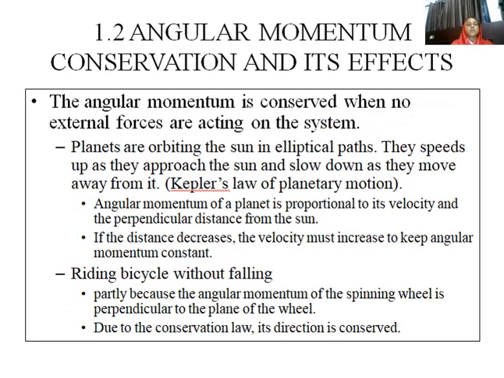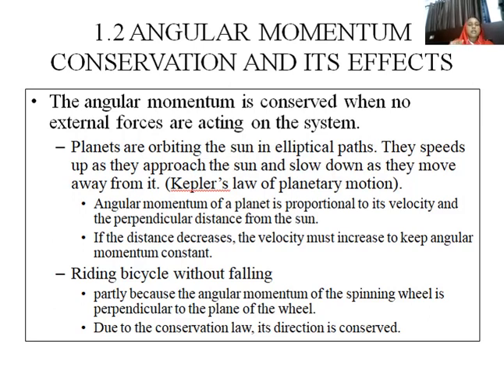Now, angular momentum conservation. The angular momentum is conserved when no external forces are acting on the system. If there is no torque or external force acting on the system, the angular momentum is conserved. For example, the planets orbit the sun in elliptical paths.